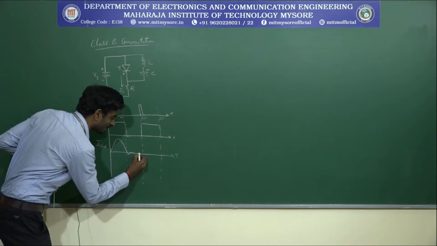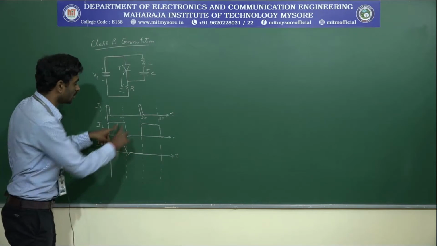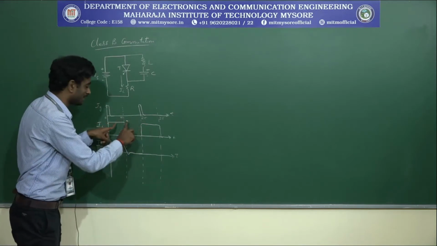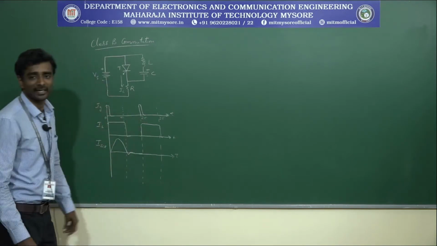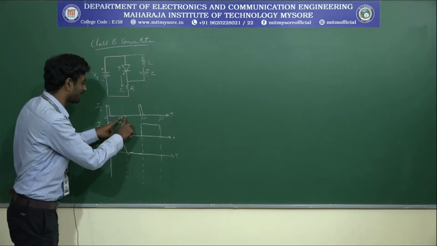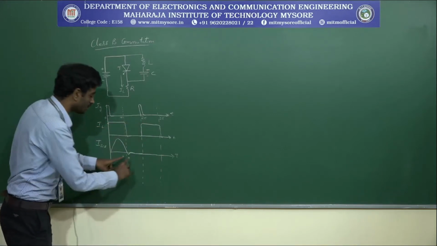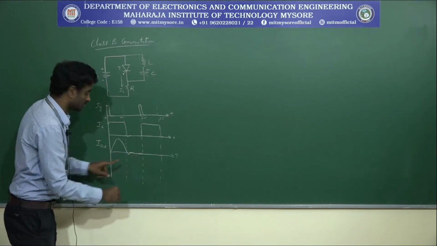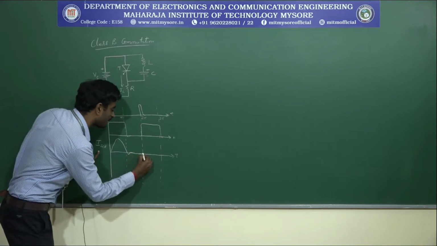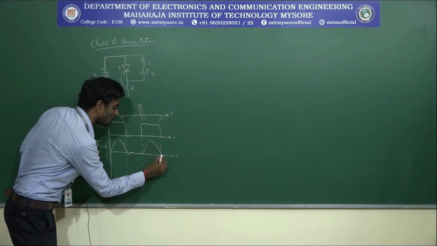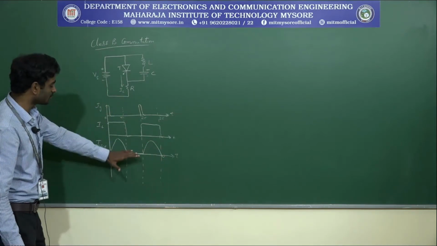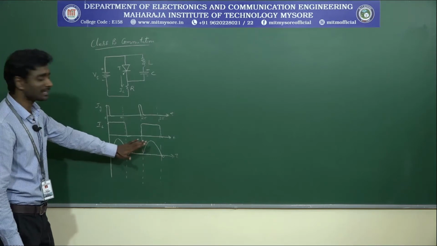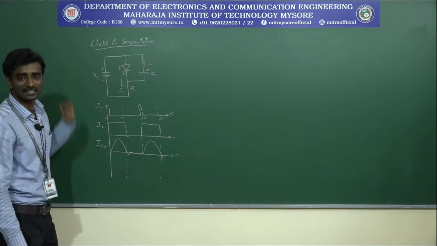So it will be considered as 0 from 180 degree to 360 degree, that is pi to 2 pi here. And again the cycle will be repeated for the next cycle, that is, whatever the signal, it will be retained. This is with respect to the current measured across your thyristor SCR.